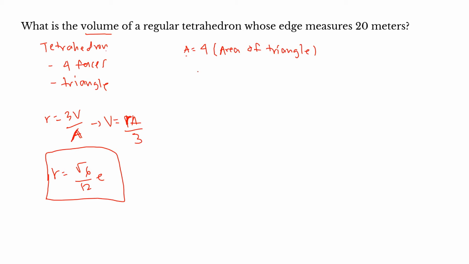The formula for the area of the triangle, equilateral triangle man siya, is square root of 3 over 4 times e squared. This one here, in parenthesis, is the formula for the area of an equilateral triangle.